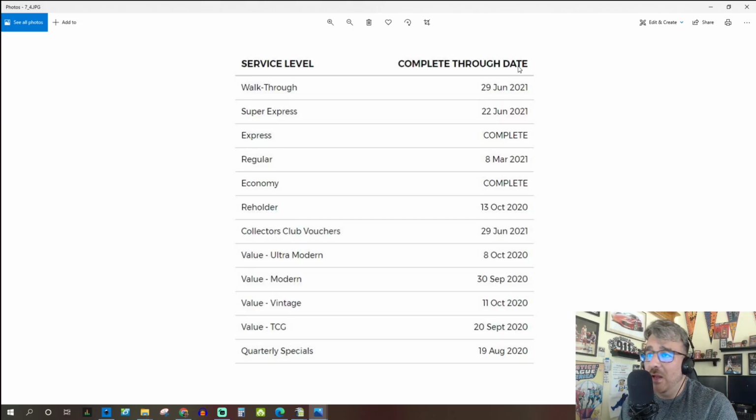I thought they were getting their stuff together with these complete through dates, and then this happens. So I don't know what that means. I don't know why they're saying their economies are complete. Does that mean that they don't have any late economy orders? I certainly don't think that's the case, because I know there's several of you out there who still have a ton of economy orders out there.